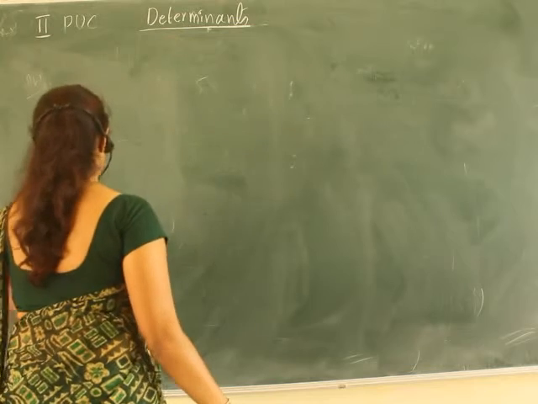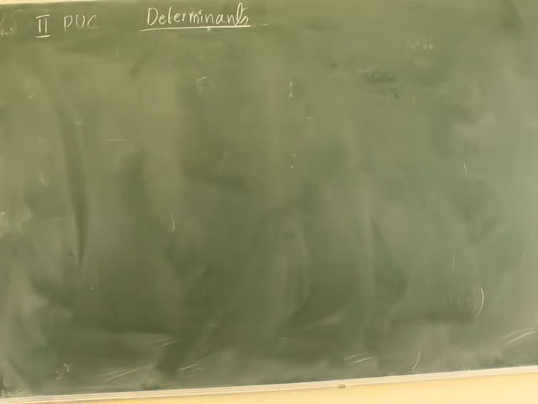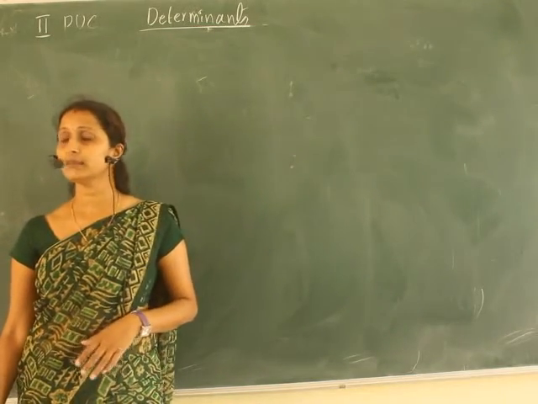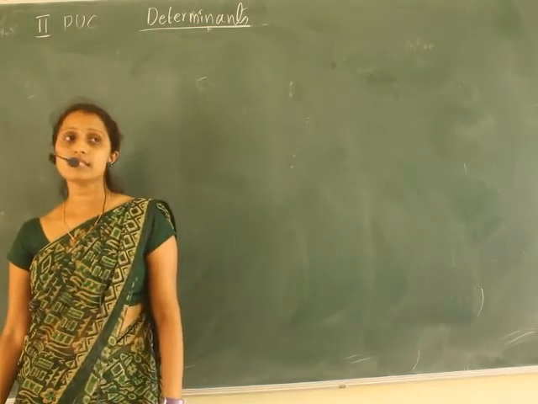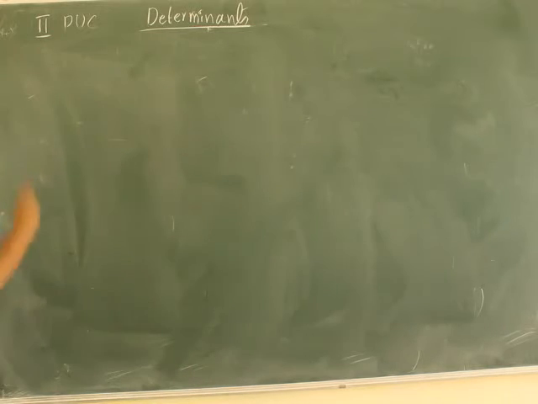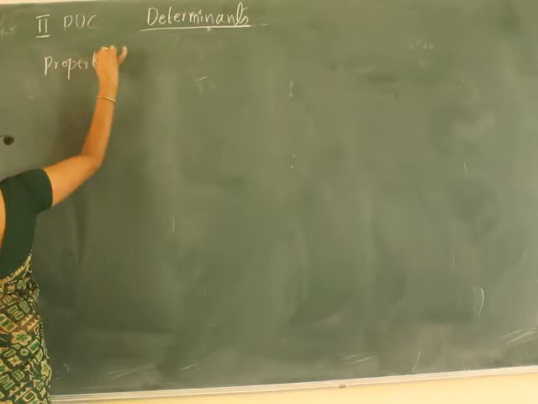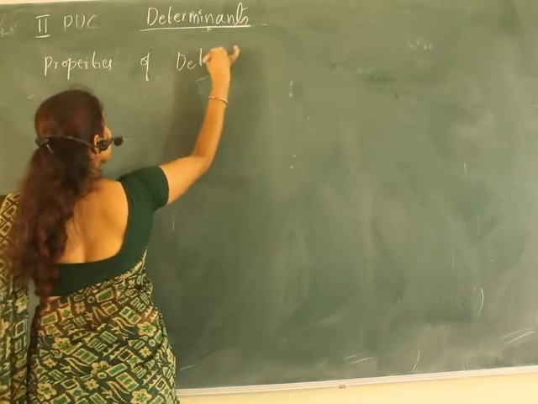Next. So now we have calculated the determinant of a given matrix. In that we have calculated the determinant of 2 by 2 as well as 3 by 3 matrices. Now we will study some of the properties of determinants.